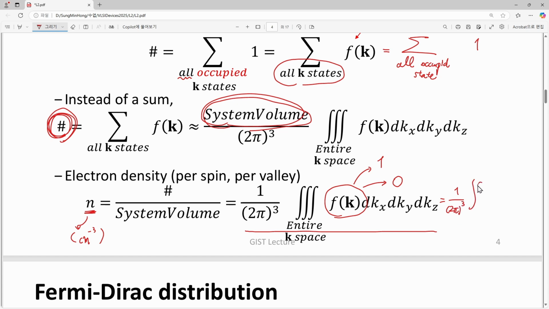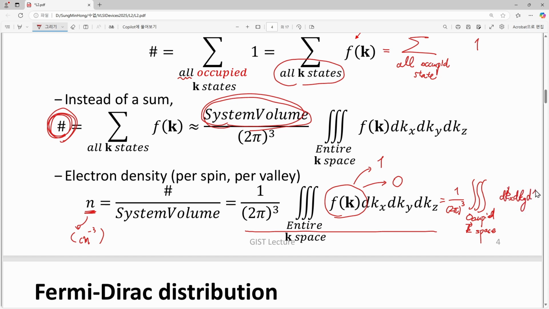So it can also be written in a form like this. Yes, instead of the integral over the entire k-space, you can just integrate over only the occupied k-space.